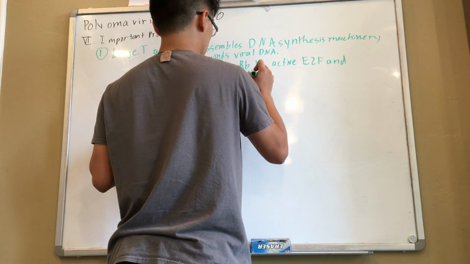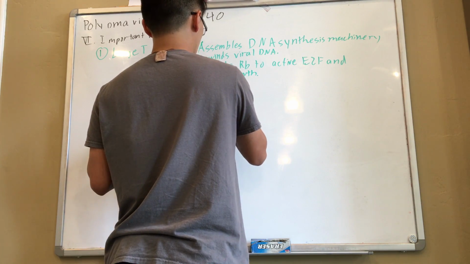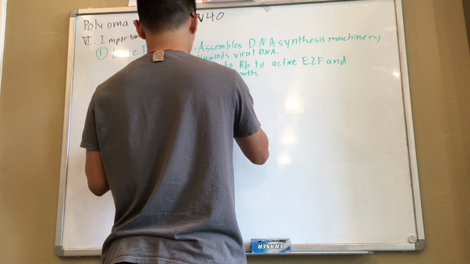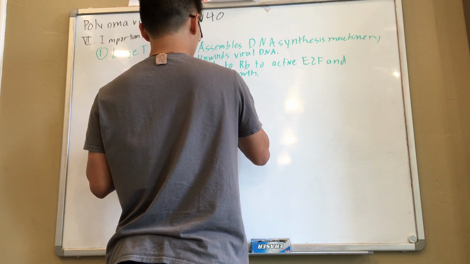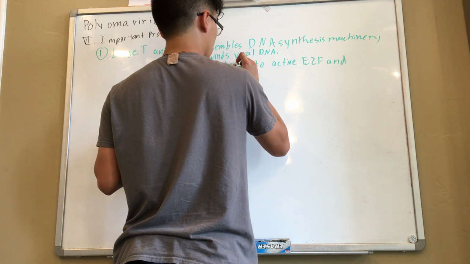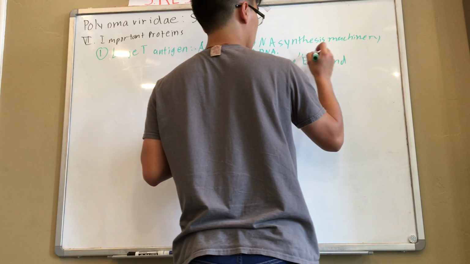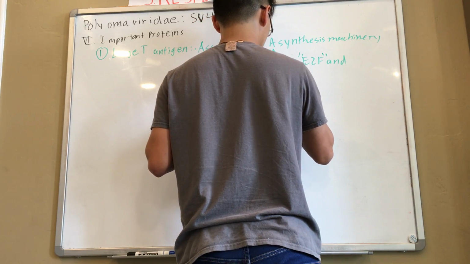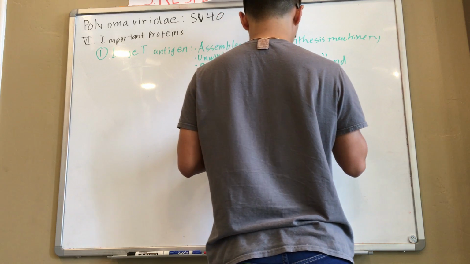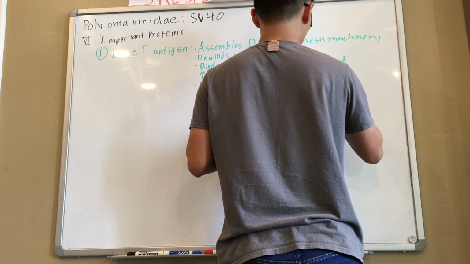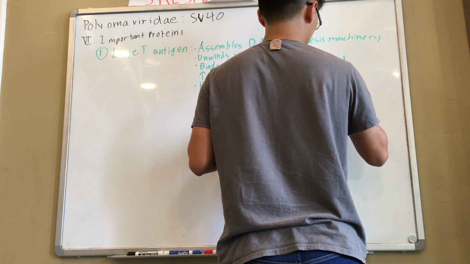And of course, when you increase the cell growth, it means to make DNA and make proteins, and specifically make the viral DNA and viral proteins. It also binds the J domain to increase cell growth.